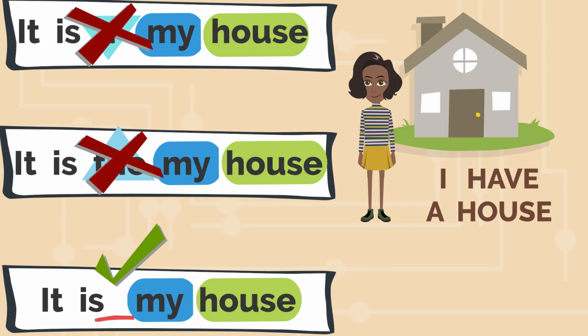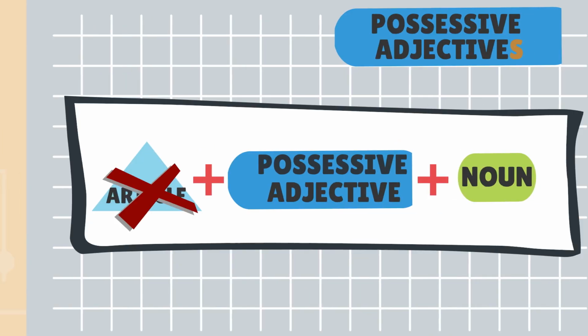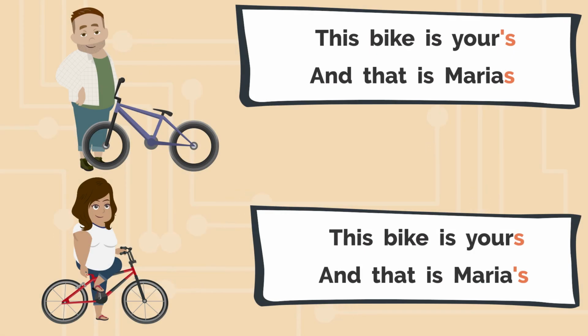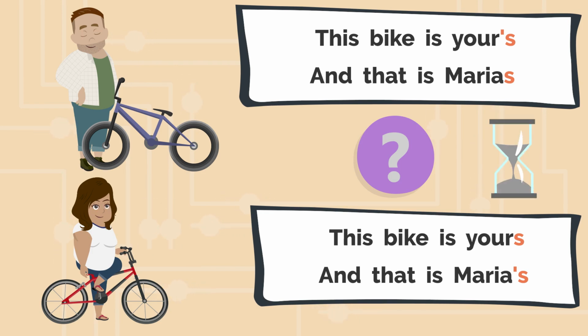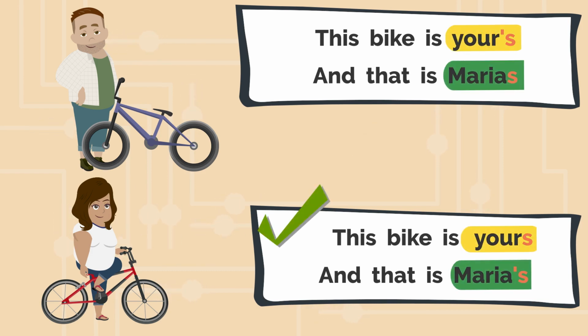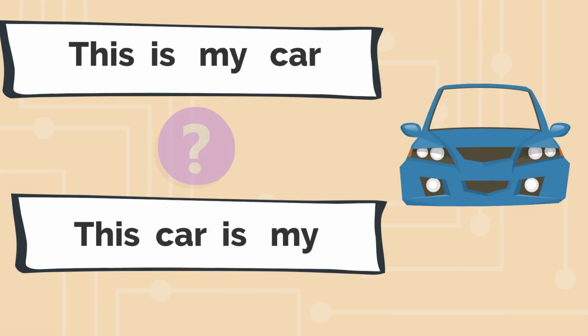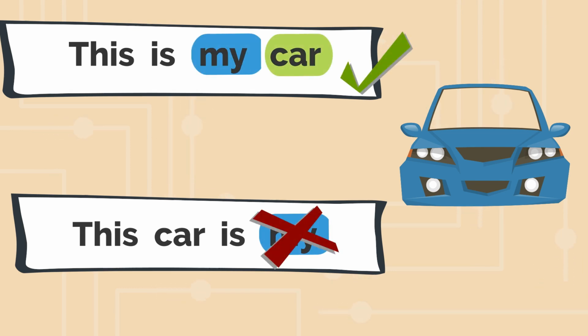It is my house. This bike is yours. And that is Maria's. This is my car.